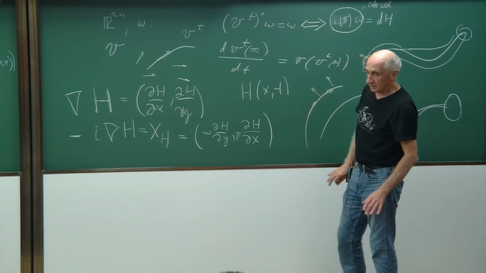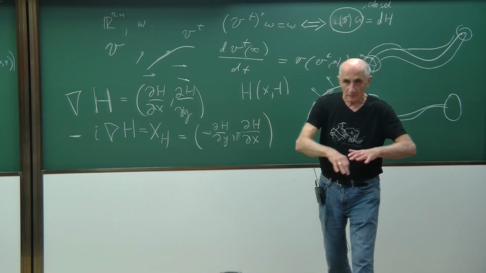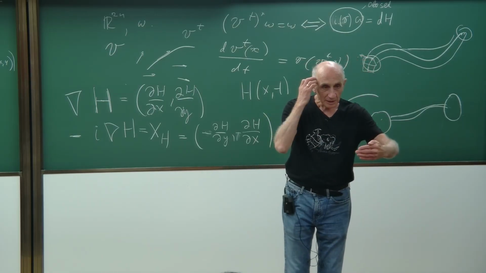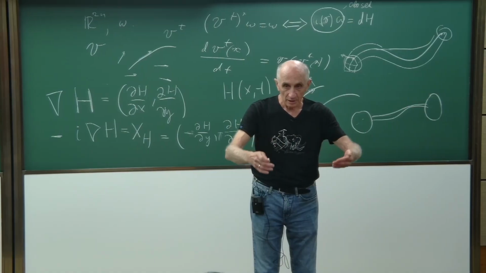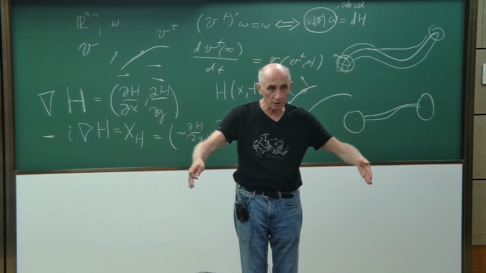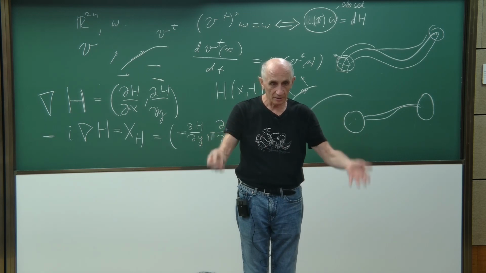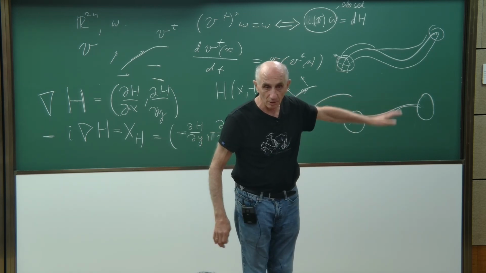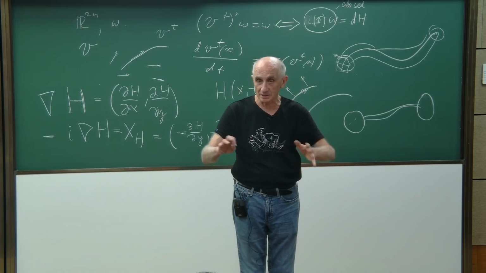As I said, in the case of R2n, there is no difference between Hamiltonian and symplectic, because there is no difference between closed and exact.